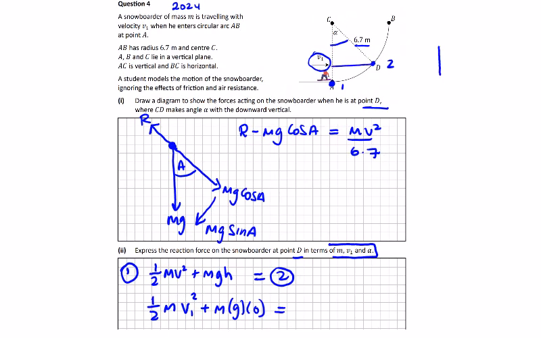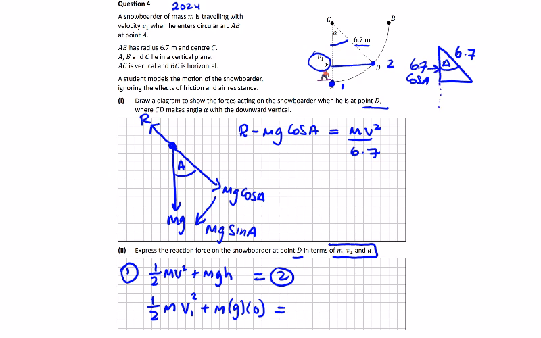So let's just take that right angle triangle out. We have 6.7 and we have A. So along here we have 6.7 cos A, this side here.